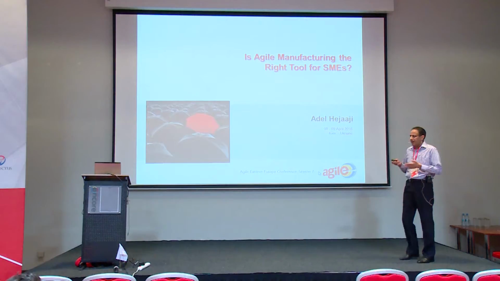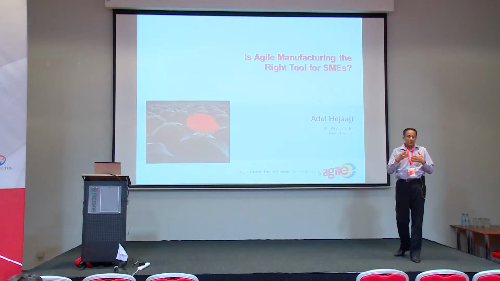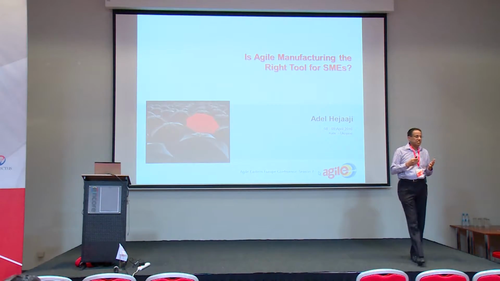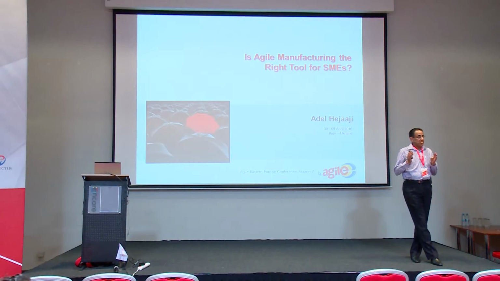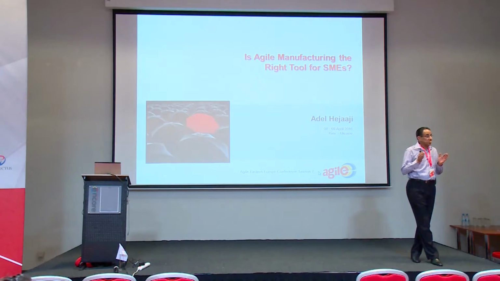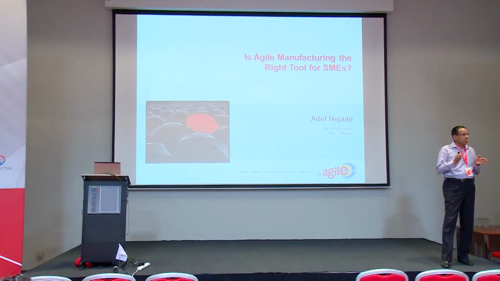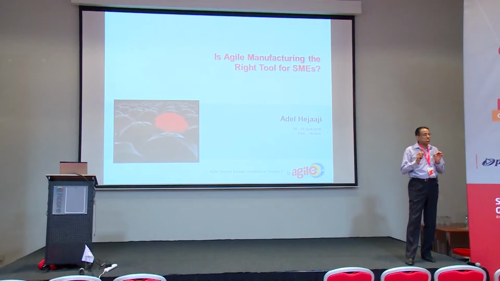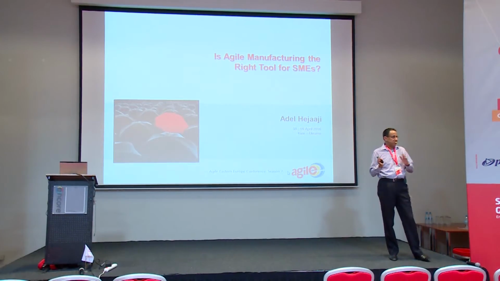I will try to talk about my presentation before I start. I'm going to talk about Agile in the manufacturing industry, especially in the sector of small and medium-sized companies. The presentation will be divided into two parts.